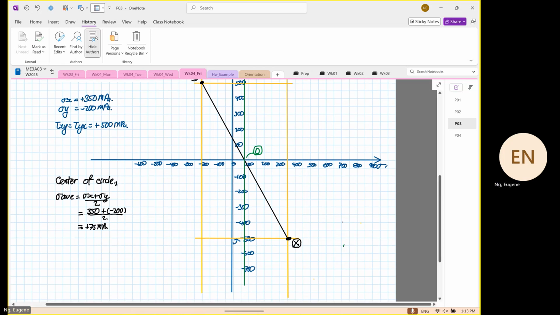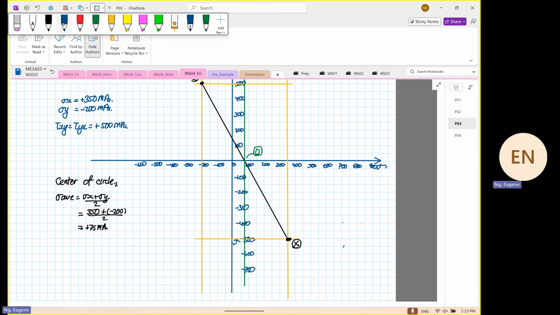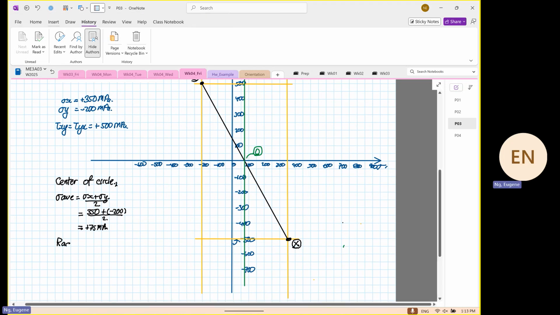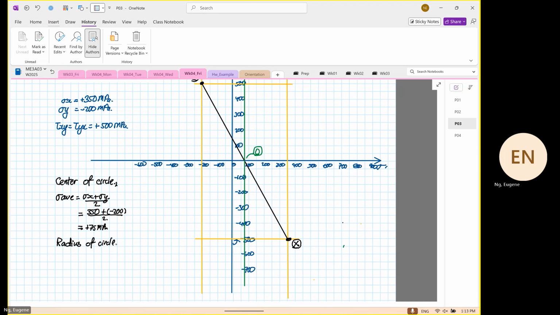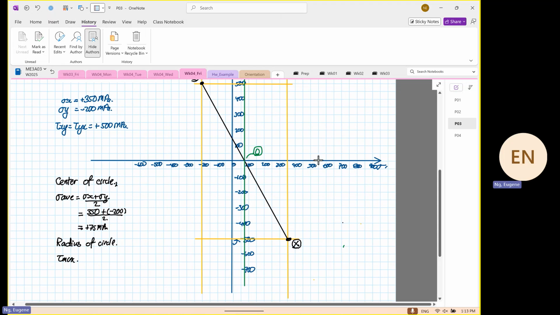The next thing that we're going to find is the radius of the circle. The radius of the circle happens to be our tau max also. So how do we find our radius of the circle? Straightforward, not difficult at all. All we need to do now is to find the distance from here to here.